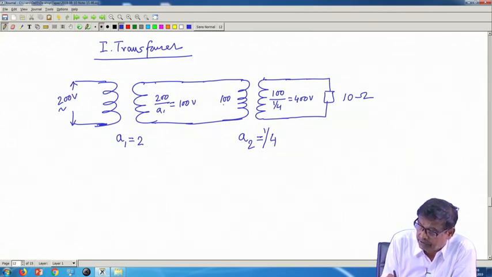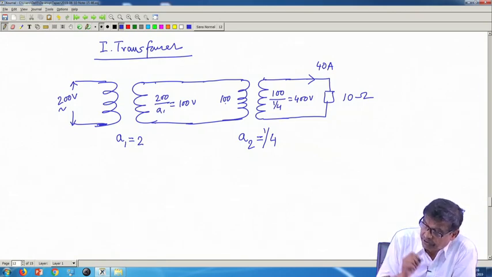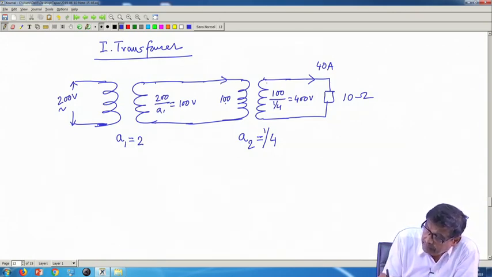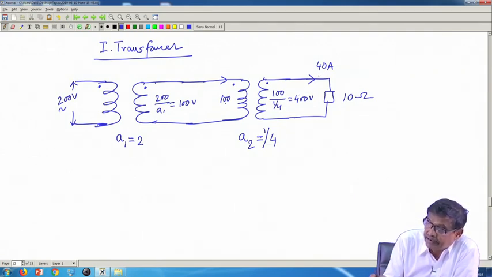So, its applied voltage is 100 by A2, 400 volt. If you know this is 400 volt, and this is 10 ohm, this current will be 40 ampere. And mind you, I should have shown you the dots. If this is 40 ampere, this current will be I2 by A; its secondary current is 40.